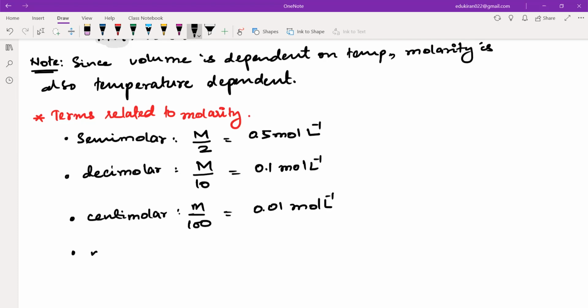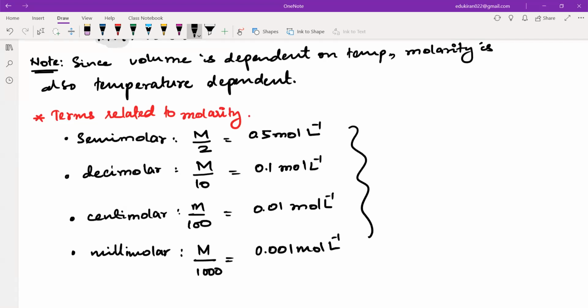Another term is millimolar. If a solution has a millimolar concentration, it is M upon 1000, equal to 0.001 moles in 1 liter of solution. These are some terms. And 1 molar means 1 mole per liter.